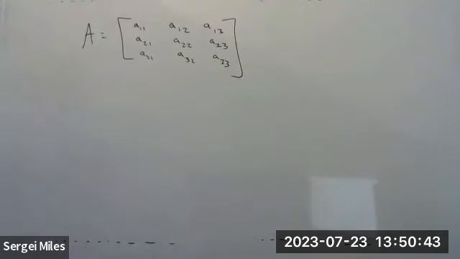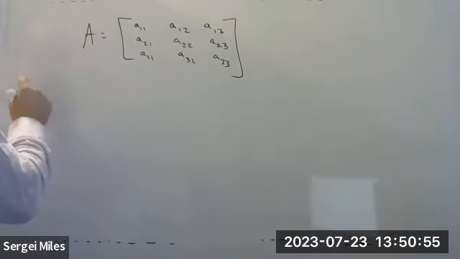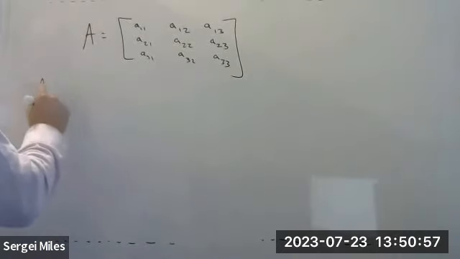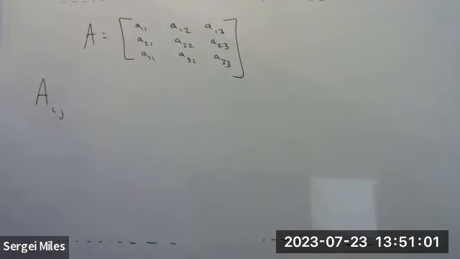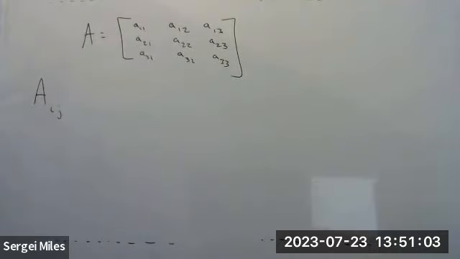However, what is going to be new here is that I want to introduce this idea of a submatrix. So what is a submatrix? A sub ij. Note I'm using capital A because a submatrix is still a matrix.